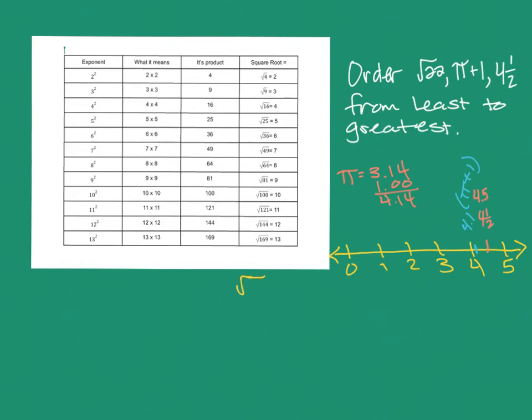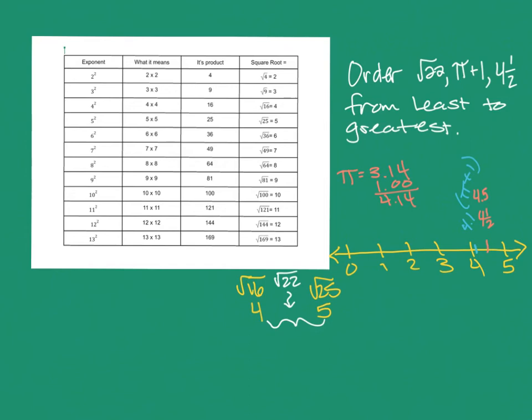Square root of 16, square root of 25 is what surrounds our square root of 22. All right, so I know that the square root of 16 is 4, so I'm going to write that underneath. I know that the square root of 25 is 5, so I'm going to write that right there, which tells me that the square root of 22 is somewhere in between 4 and 5, so it's a 4 point something.